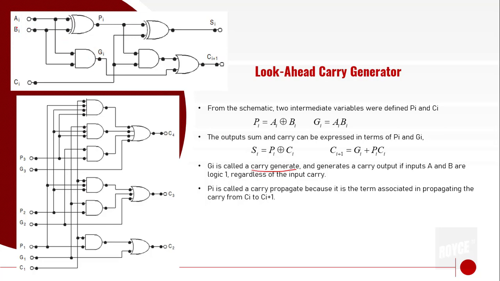Kasi kung sakali magkaroon ng 0 dito sa A and B, automatic 0 si G sub I. Ang sinasabi niya lang dito, this will generate the carry output regardless of this input carry. So, hindi ko na kailangan antayin yan. Titingnan ko lang yung input ko sa A sub I, B sub I, makakapag-generate na ako ng output.